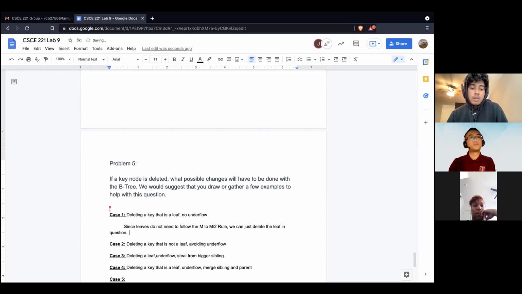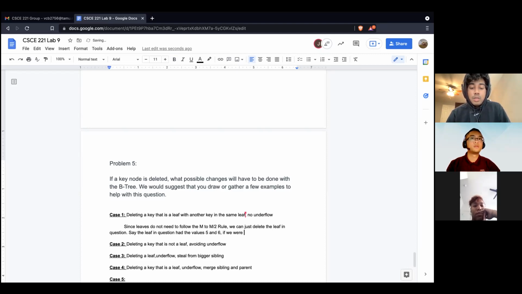So for example, if a leaf had another key in the same leaf. Aren't we kind of assuming something though? Yeah. Say the leaf in question had the values 5 and 6.